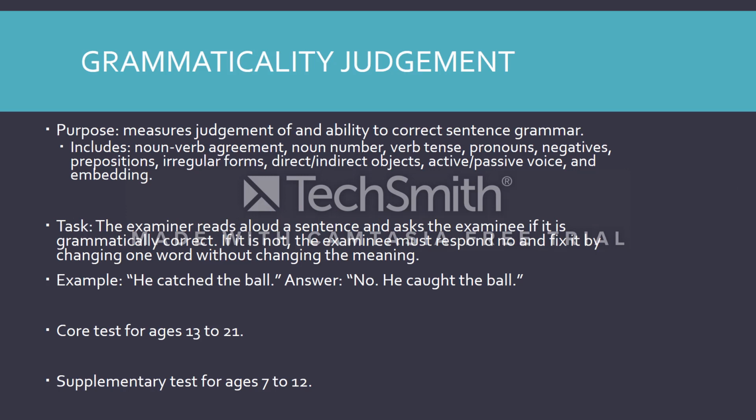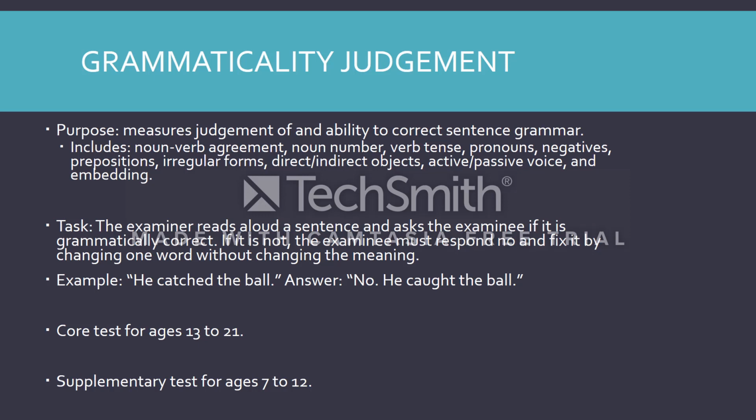Grammaticality judgment, the purpose is that it measures judgment of and ability to correct sentence grammar. This includes noun-verb agreement, noun number, verb tense, pronouns, negatives, prepositions, irregular forms, direct or indirect objects, active and passive voice, and embedding. The task is that the examiner reads aloud a sentence and asks the examinee if it is grammatically correct.